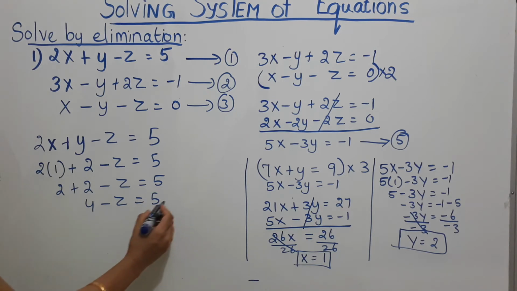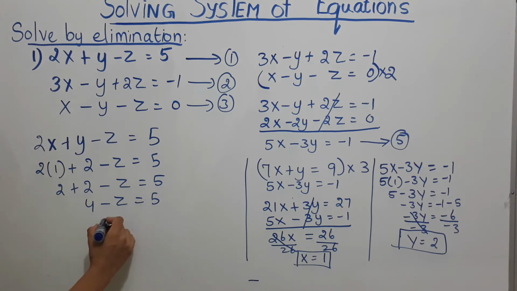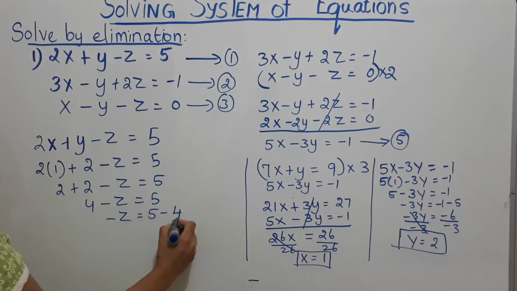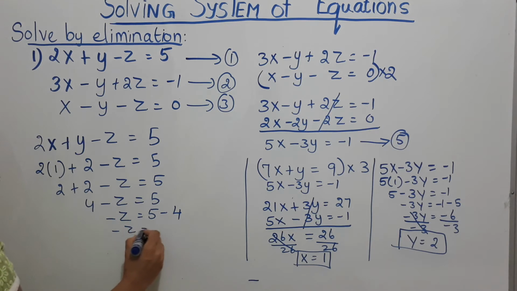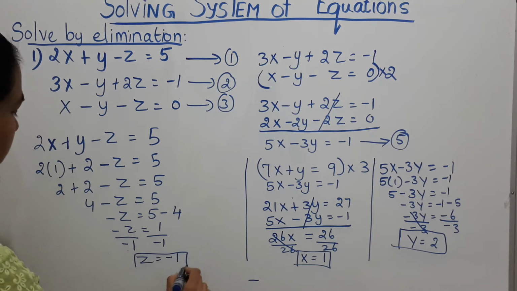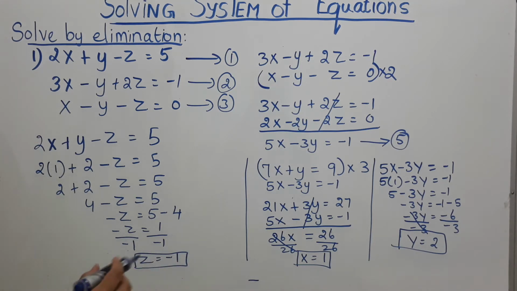When you bring 4 to the other side, minus z equals 5 minus 4, so minus z equals 1. Dividing both sides by minus 1, the value of z is equal to minus 1. This is how we can find the x, y and z values of a system of 3 equations.